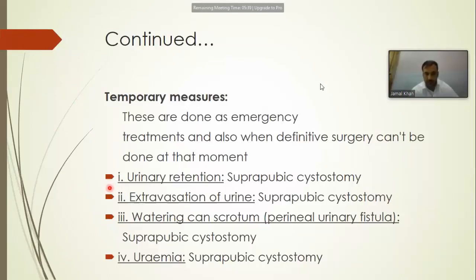For example, for urinary retention, we do suprapubic cystostomy, and also for extravasation of urine. We do the suprapubic cystostomy for watering-can scrotum or perineal urinary fistula. Also, we do suprapubic cystostomy for uremia.